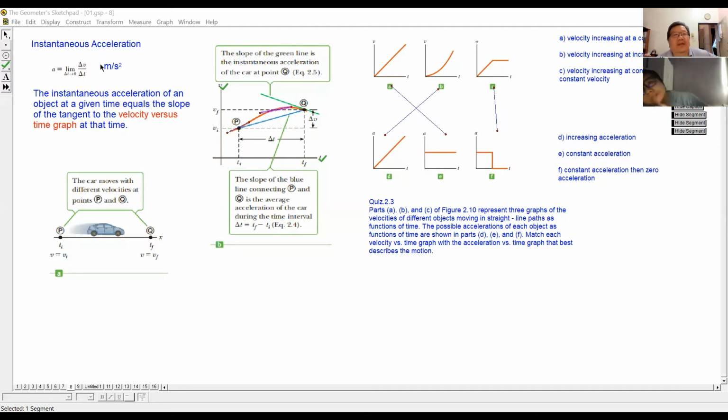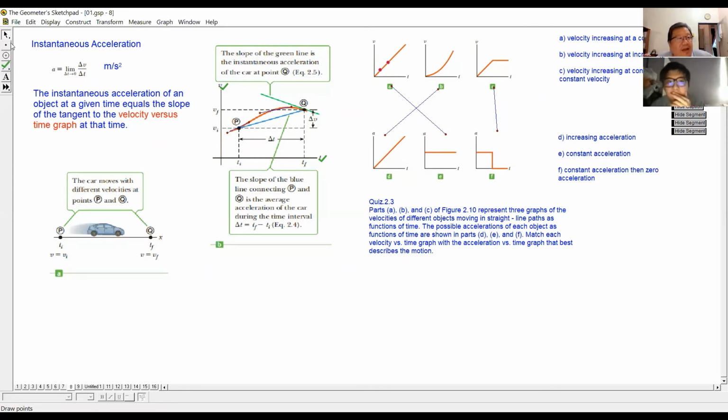The first one, let's say this one. Along the straight line here, let's say I take this point, and I take this point. So I have two points here. From the first point to the second point, the velocity is increasing.